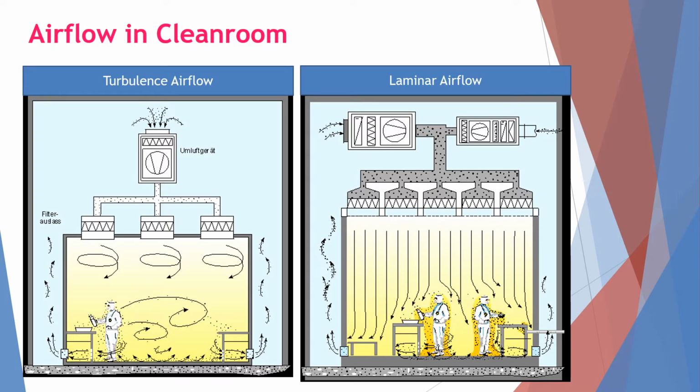If you remember points 3 and 4 of the rules in the clean room, we are not supposed to let contaminants accumulate inside the clean room, and we need to eliminate any debris or contaminant that accumulates.